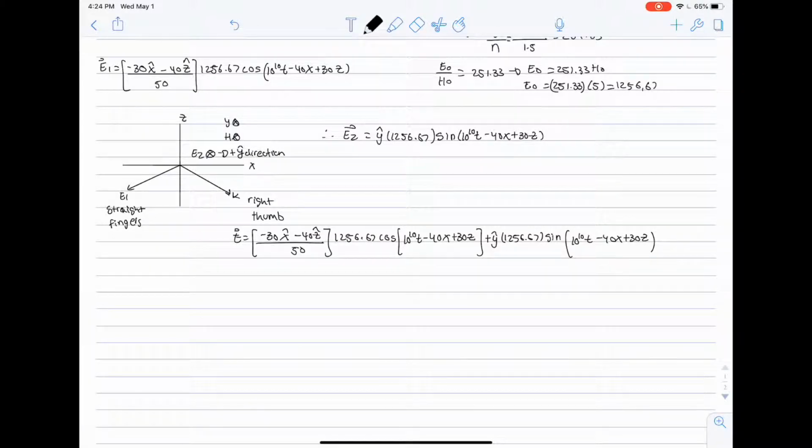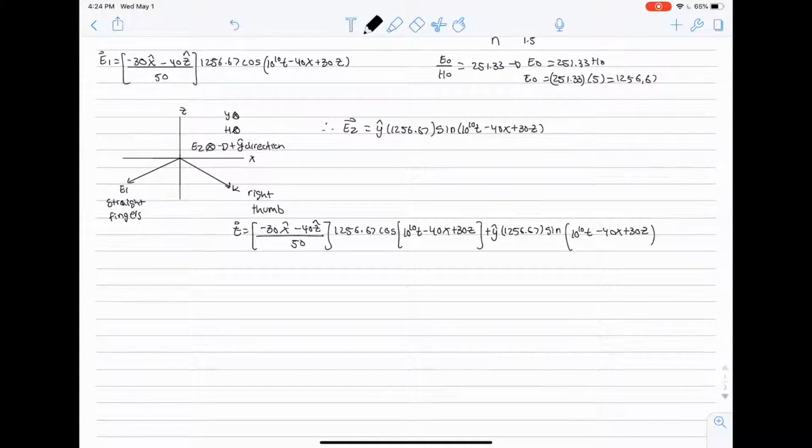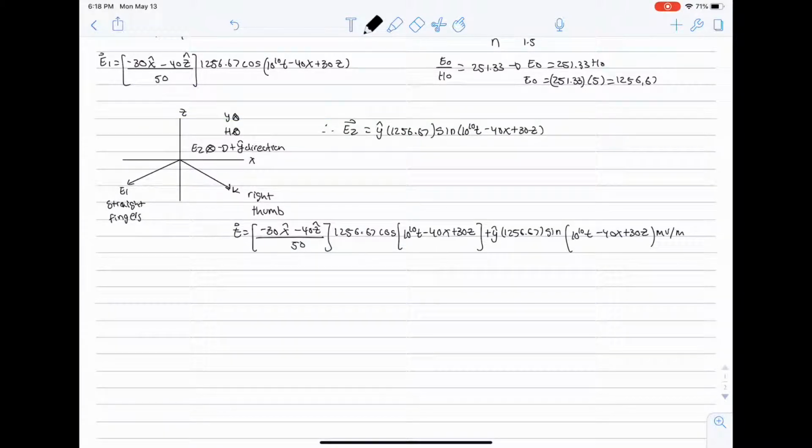And since originally it was milliamps, it's going to be millivolts per meter.